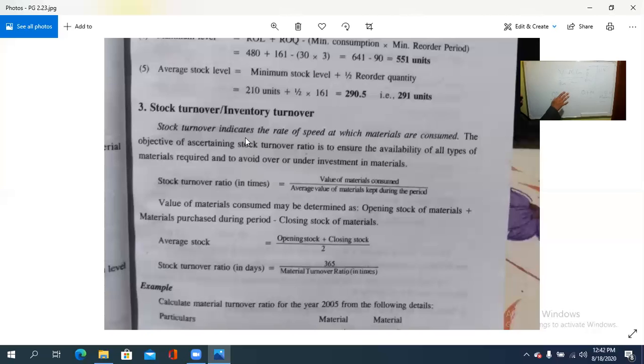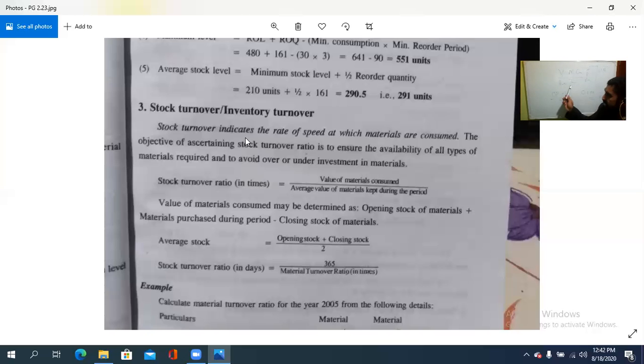So this is another topic, stock turnover or inventory turnover, where the rate of speed at which the material is consumed is treated as the stock turnover. The formula is value of the materials consumed divided by average inventory, where the value of the material is opening stock plus purchases minus closing stock, and average inventory is opening stock plus closing stock divided by 2.